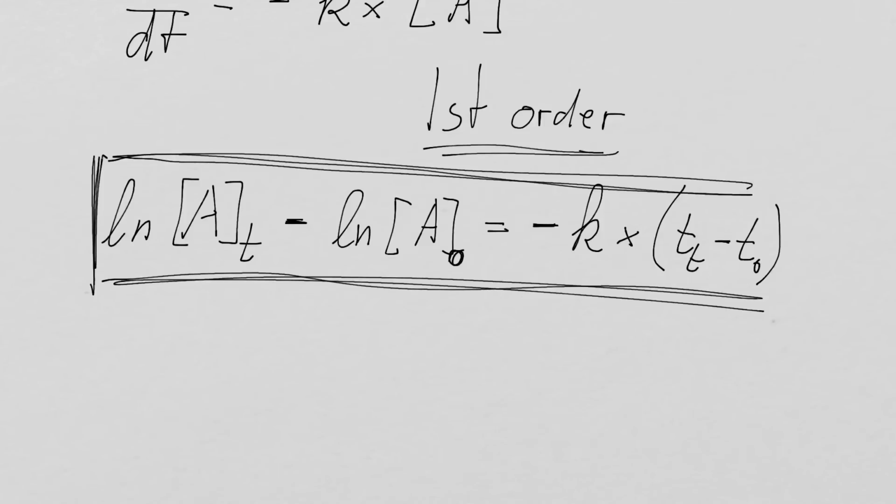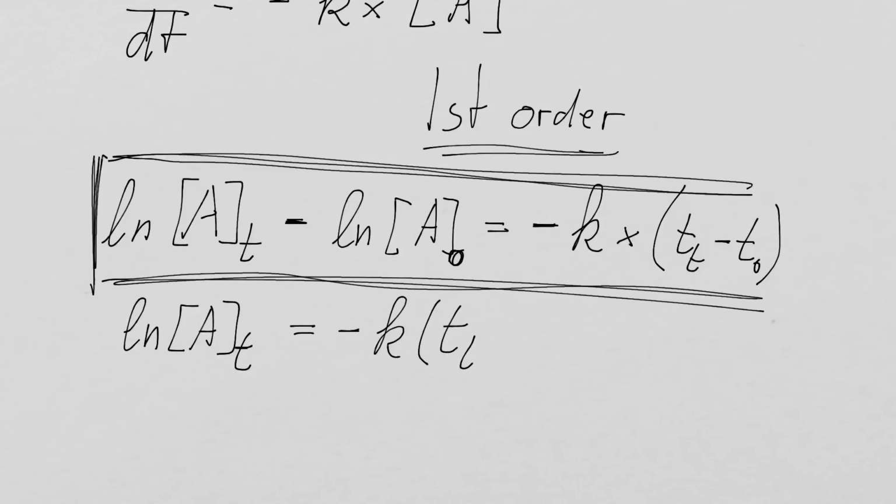All I need to do is bring the ln A of 0 to the other side, and I end up with ln A at the time t equals minus k times t at the time t minus t at the starting point plus ln A at the starting time.